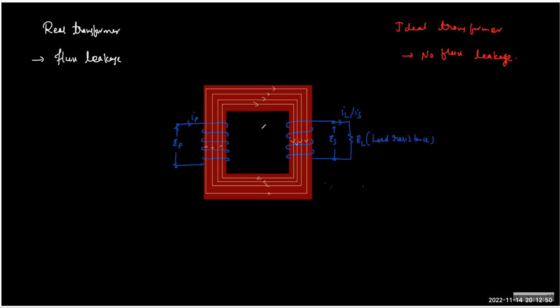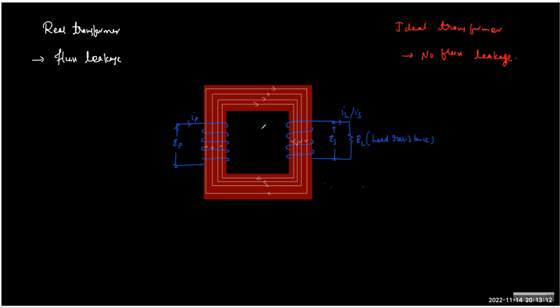To remove that retentivity, to make it again back to zero, if you want to demagnetize, because the coin has become magnetized, what we do is apply a reverse field, and that reverse field eventually makes the entire magnetism back to zero.